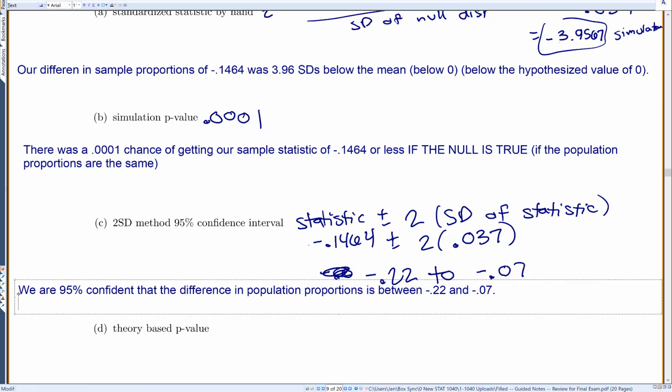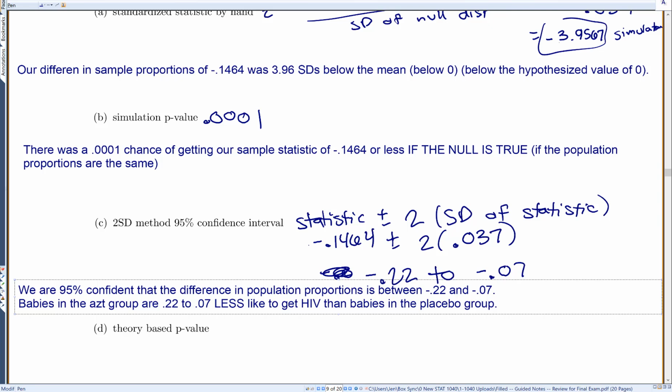Or you could be more specific to the context and say, like, babies in the AZT group are 0.22 to 0.07 less, because it was a negative, likely to get HIV than babies in the placebo group.